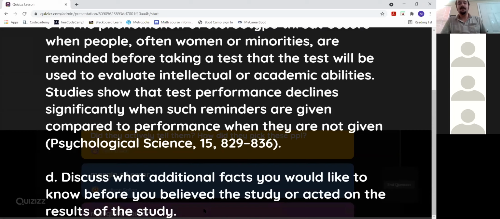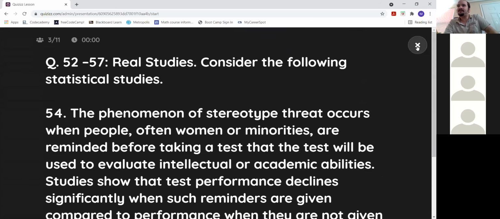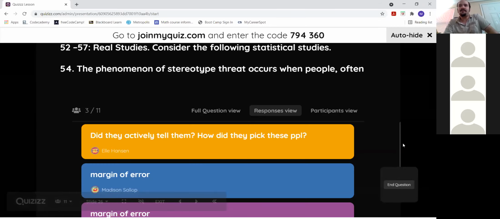I'm thinking about this. Yeah, so discuss results of the study. So margin of error, that sounds like a good thing to know.